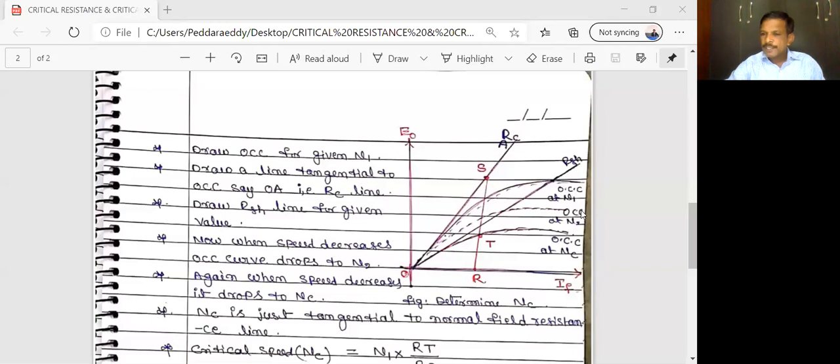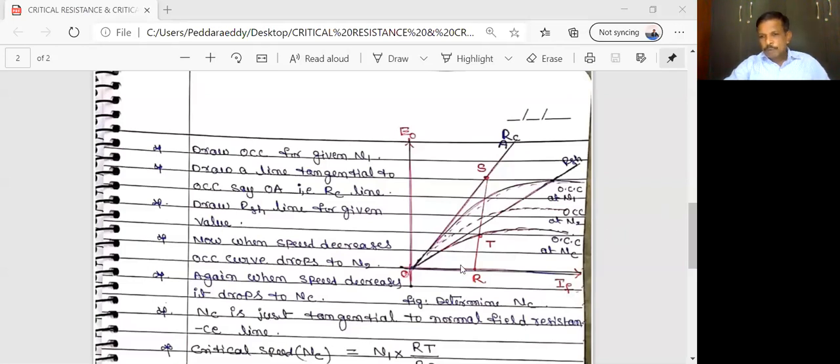Again, when you decrease the speed from 1400 to 1300, we get one more curve, and when we decrease from 1300 to 1250 or 1200, we get more OCC curves.